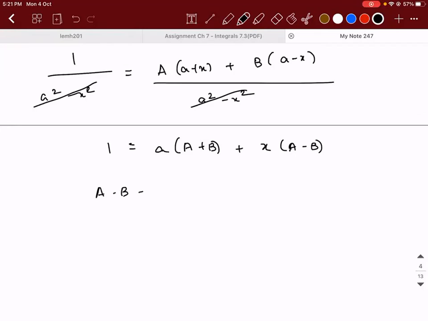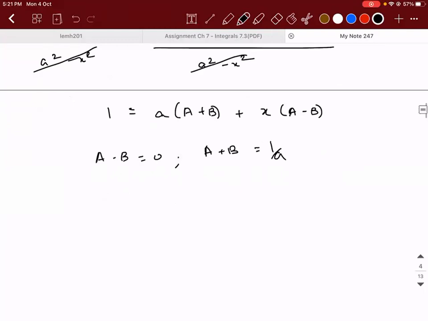So A minus B will be 0. A plus B will be 1 by a. 2A is equal to 1 by a, which implies A is equal to 1 by 2a, and B will be minus 1 by 2a. Okay. So A is 1 by 2a, B is minus 1 by 2a.